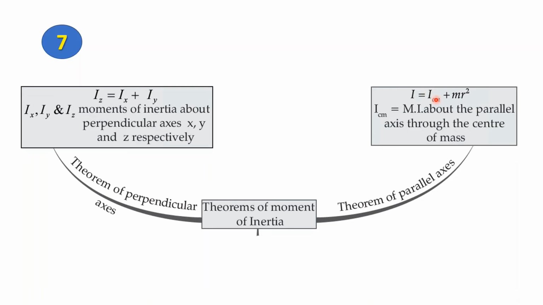ICM stands for moment of inertia about the center of mass, M is for mass, and R is for the distance.